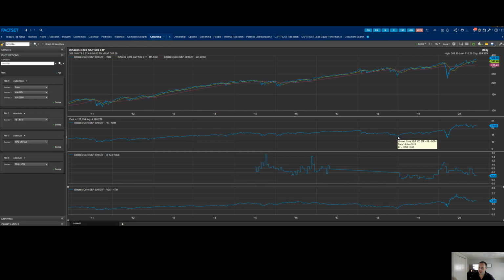Why did that happen? It's because the higher interest rate means you're discounting earnings at a higher rate. But when you have lower interest rates, you're discounting at a lower rate, justifying a higher PE multiple.